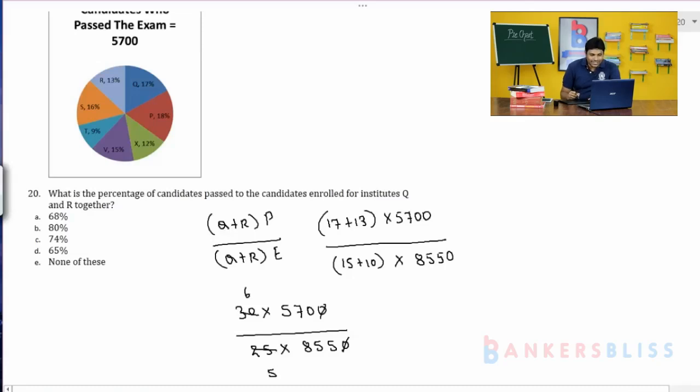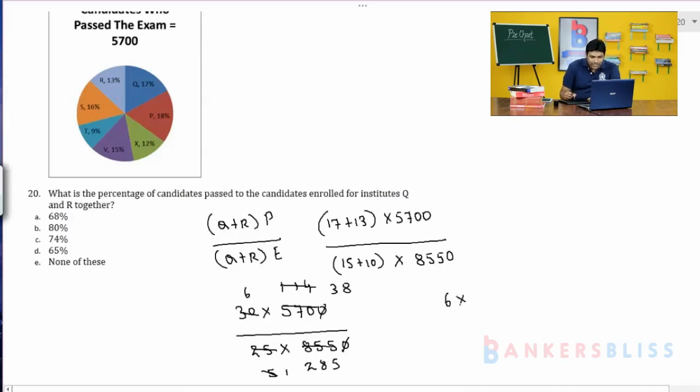Next 570 is divisible by 5, 5 1s are 5, 5 4s are 20. So 114, 855, both are divisible by 3. So 3 3s are 9, 3 8s are 24, 3 2s are 6, 3 5s are 15.